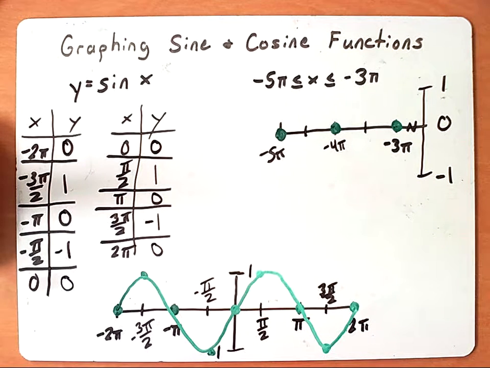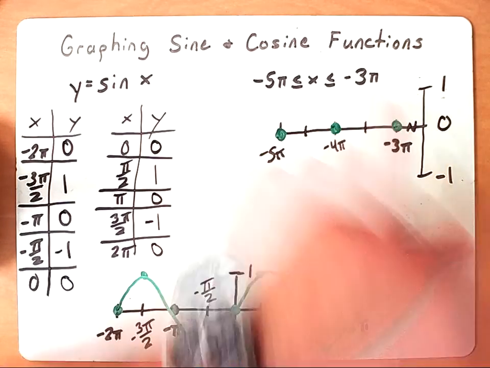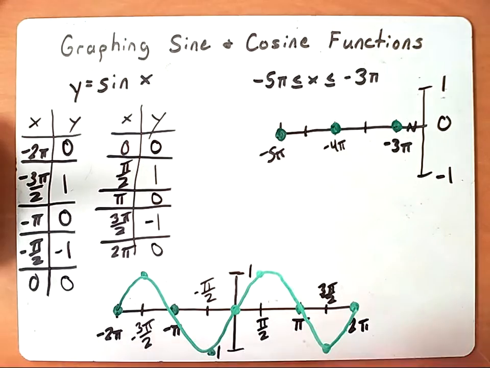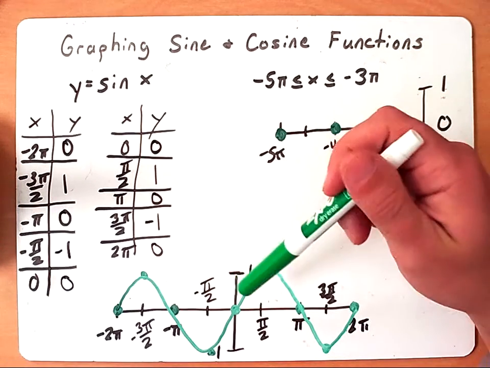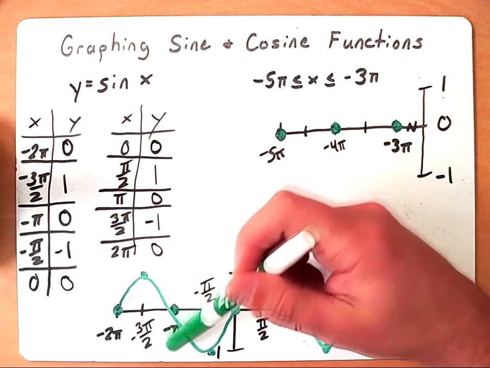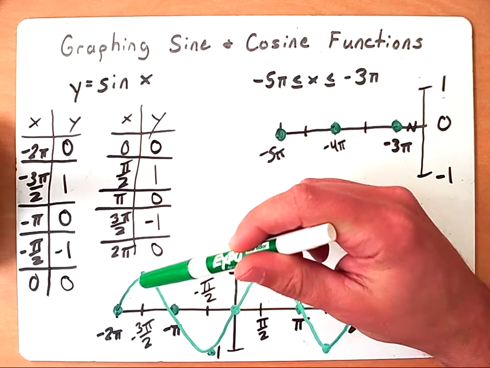Okay? So now we just need to determine on these 2 quarter marks which one of these will be up at my maximum at 1 and which one will be down at my minimum at -1. So again, we can use a trend. So let's look at the negative portion of my graph down here. So we just want to look from 0 back to -2. All right. Whenever we get to -pi, this is an odd number, -1 pi, we are moving upward from that point on.